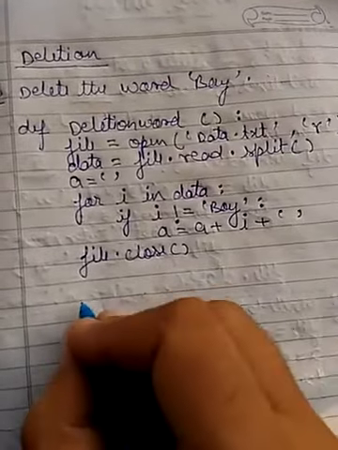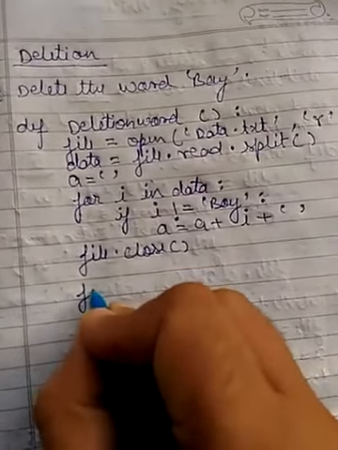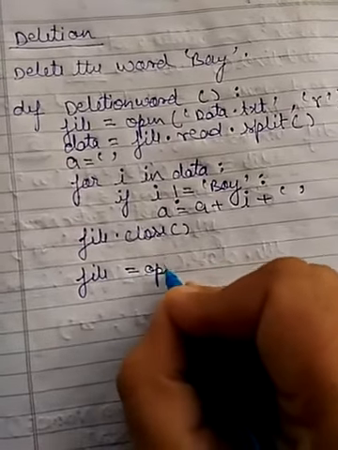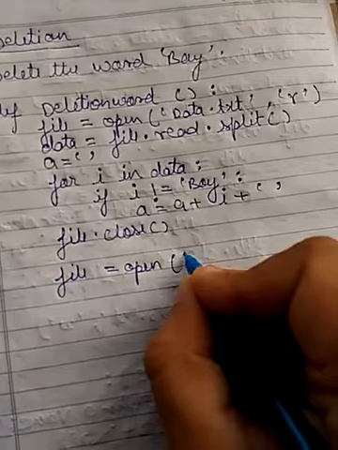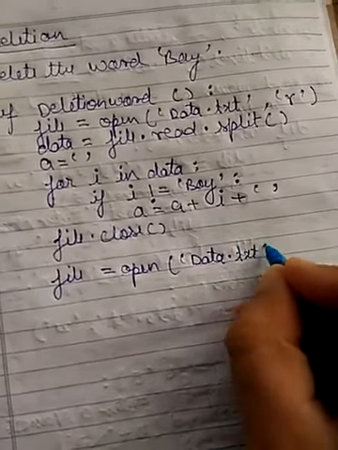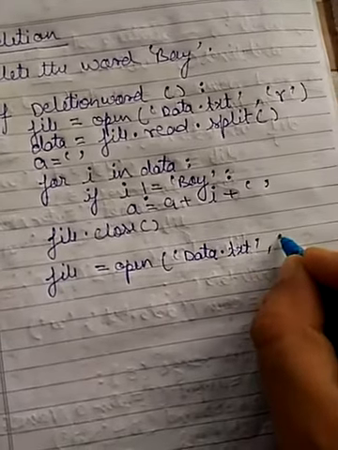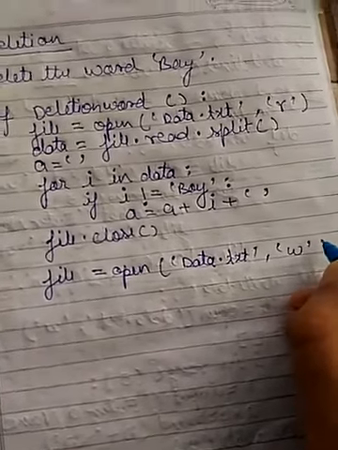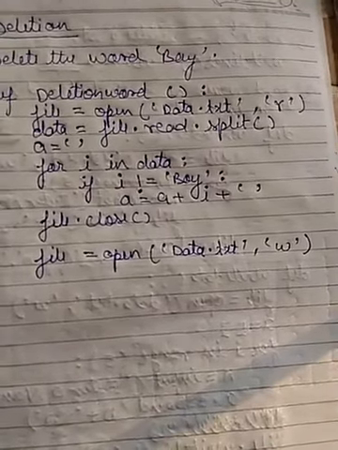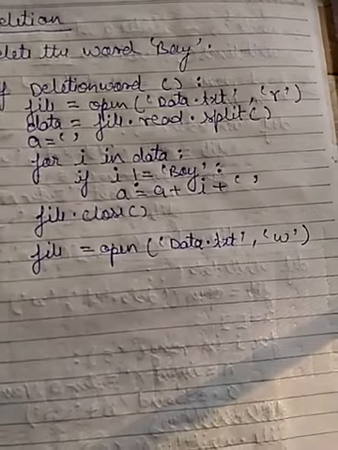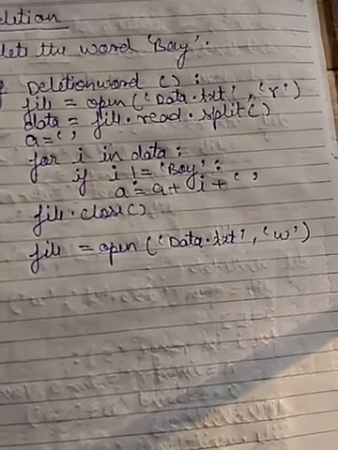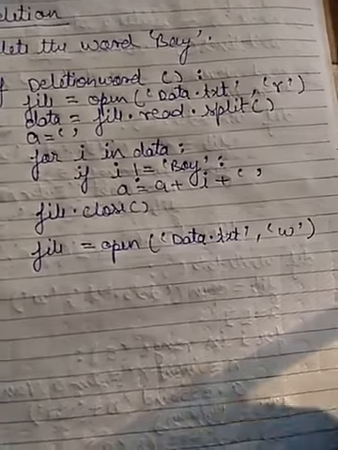Now again open the file in writing mode. File equal to open, name of the file data.txt, it is for writing mode. Now as soon as we open the file in writing mode, it will delete the previous content of the file, because the previous file will be replaced with the new file.